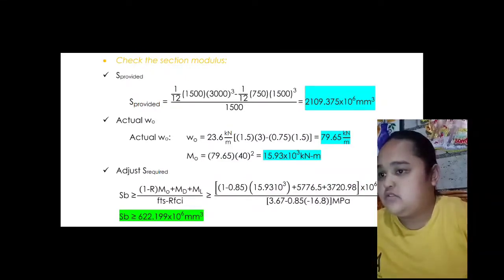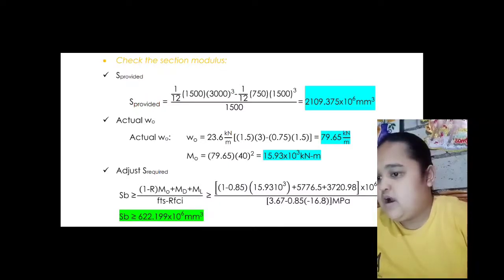Check the modulus. S provided is 2,109.375 times 10 raised to 6 millimeter cube. WO is 79.65 kN. MO is 15.93 times 10 raised to 3 kilonewton meter.